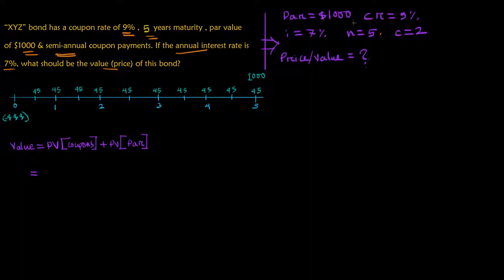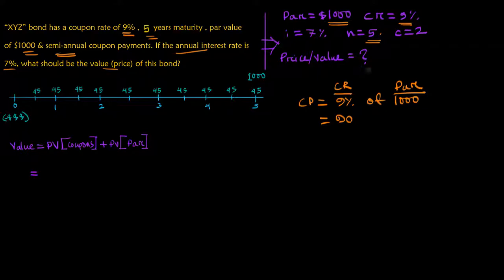Now what you have here, we have a par value of $1,000, coupon rate of 9% and the maturity of 5 years. What this tells us is that the coupon payments of this bond will be 9% of $1,000, because this 9% is the coupon rate, $1,000 is the par value, so $90 will be the coupon payments in each period, right?